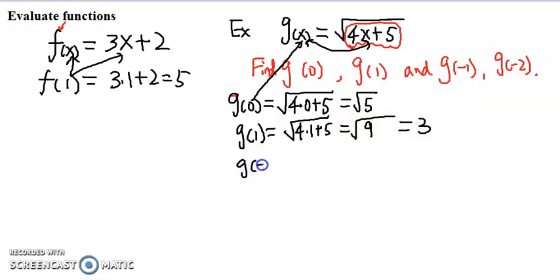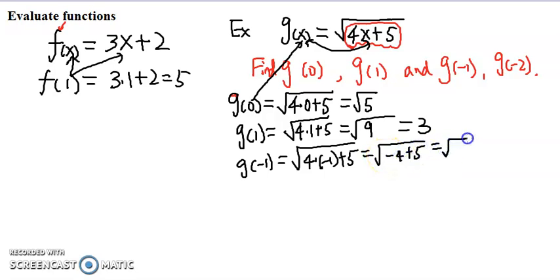Now let's do the next one. What if it's -1? We replace that x with -1 and simplify. 4 times -1 is -4. -4 plus 5, I'm going to do one more step here, is equal to 1. And the square root of 1 is equal to 1.